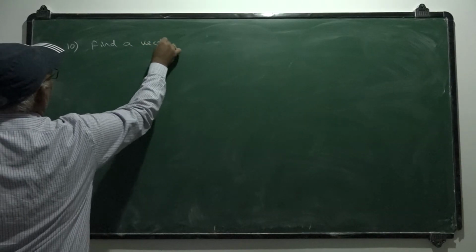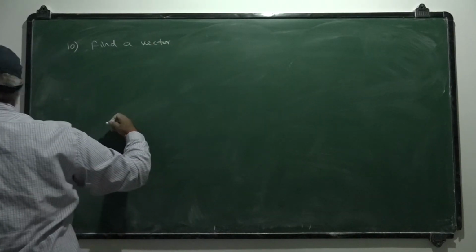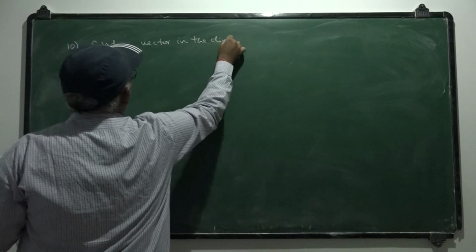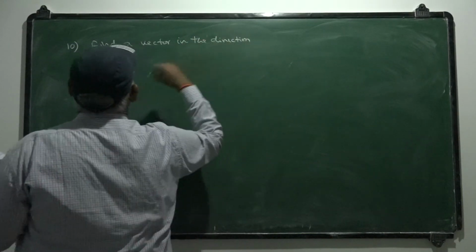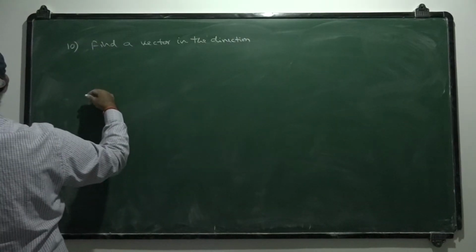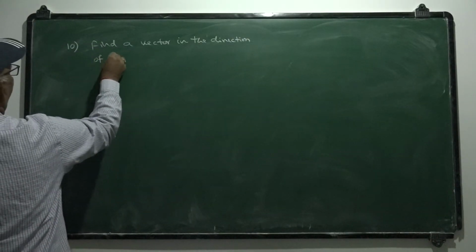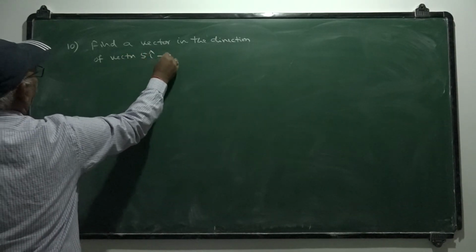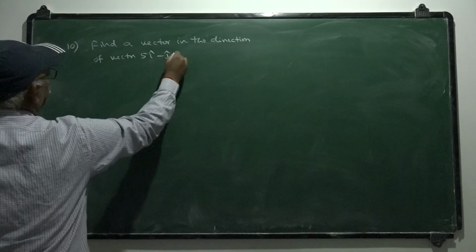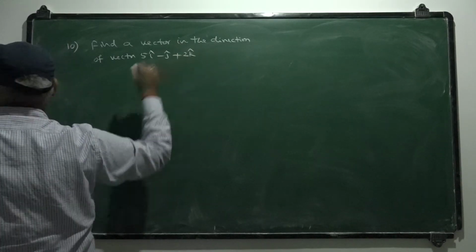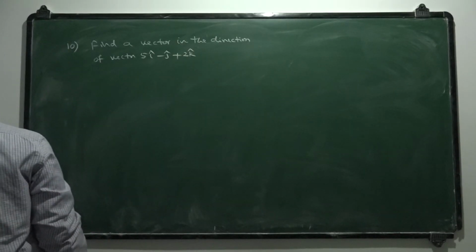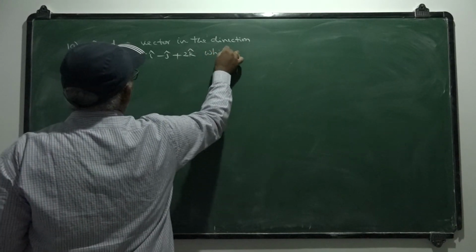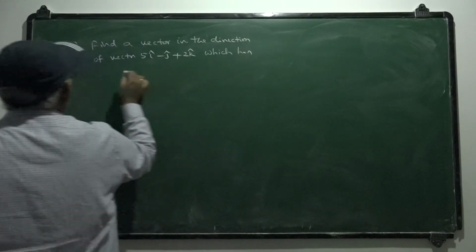Find a vector in the direction of vector 5i minus j plus 2k, which has magnitude 8 units.